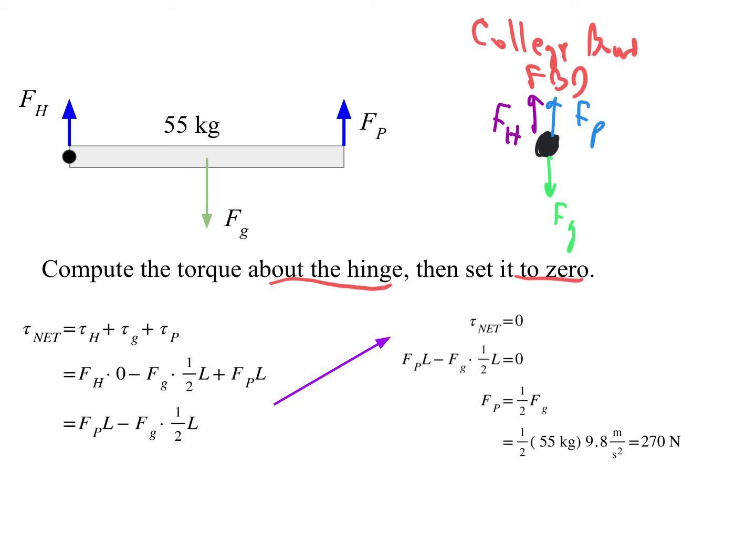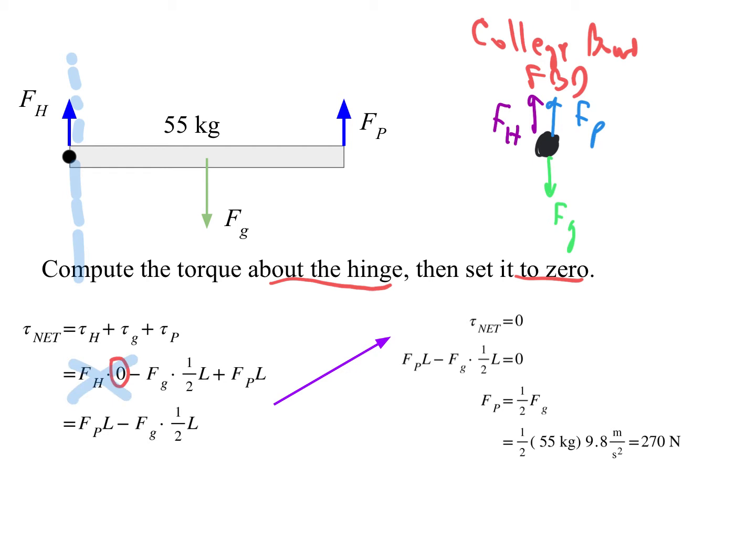All right, so we want to get the torque around that point, which would be the torque from the hinge plus the torque from gravity plus the torque from the pulling force. But the line of action of the hinge force goes through the axis, and so the moment arm is 0, which means that there's no torque exerted there either.